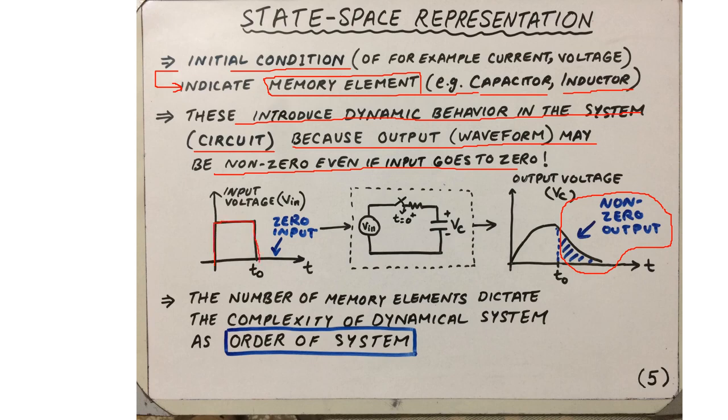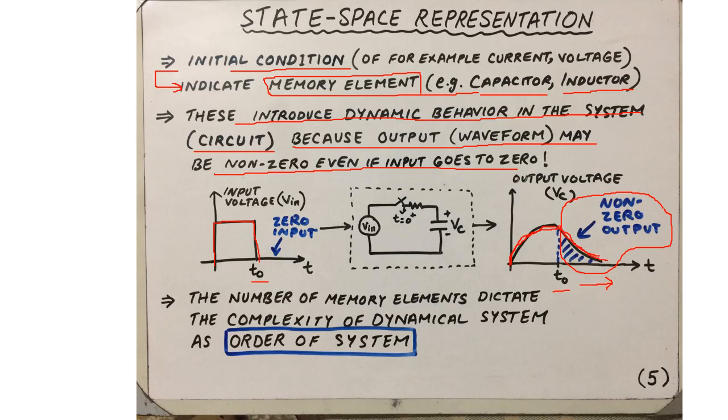It lasts from time 0 to time t naught. The output gradually rises to achieve an amplitude that is close enough to the input till time t naught, and after that it begins to decay. But it doesn't decay to zero instantaneously, rather the decay is gradual. And this blue shaded area reflects the ability to store, and hence the energy stored in the capacitor from time 0 to t naught is now being released gradually after time t naught.